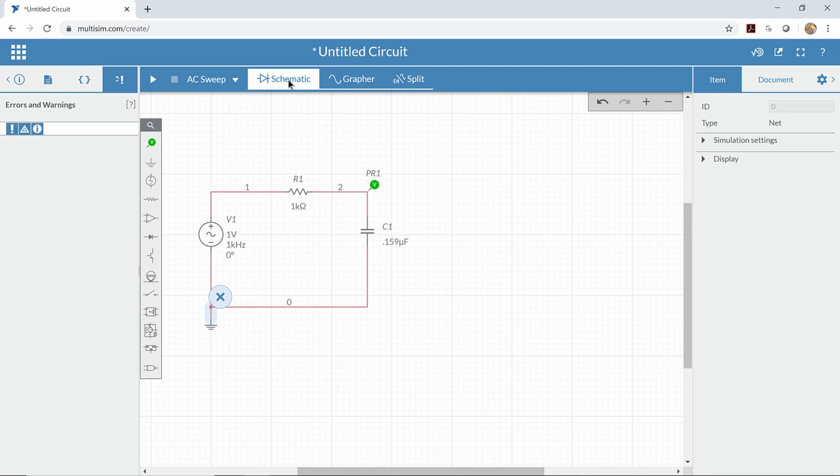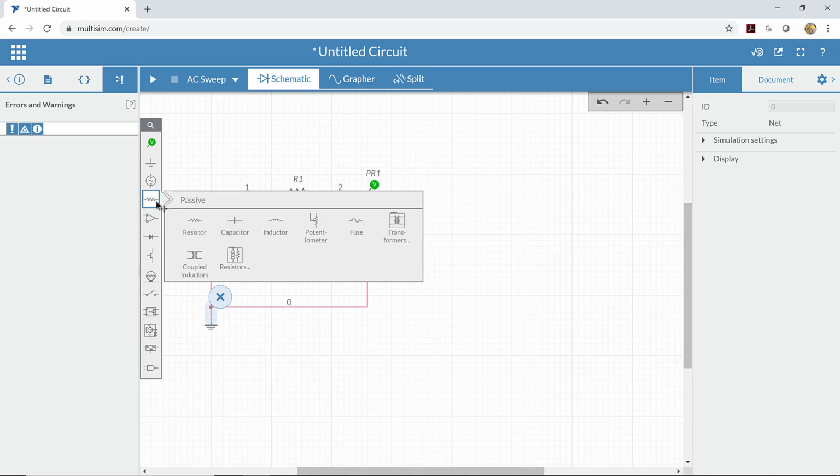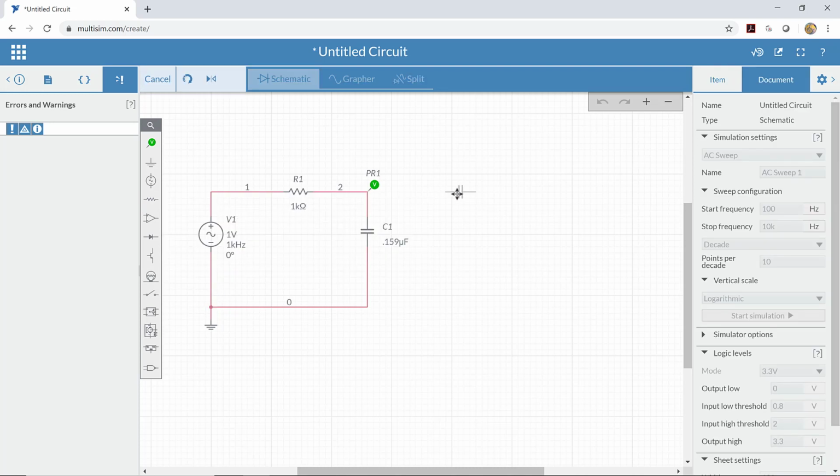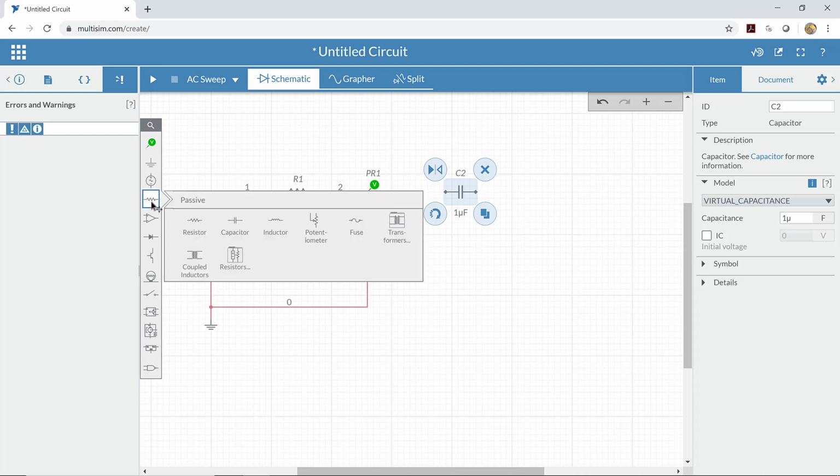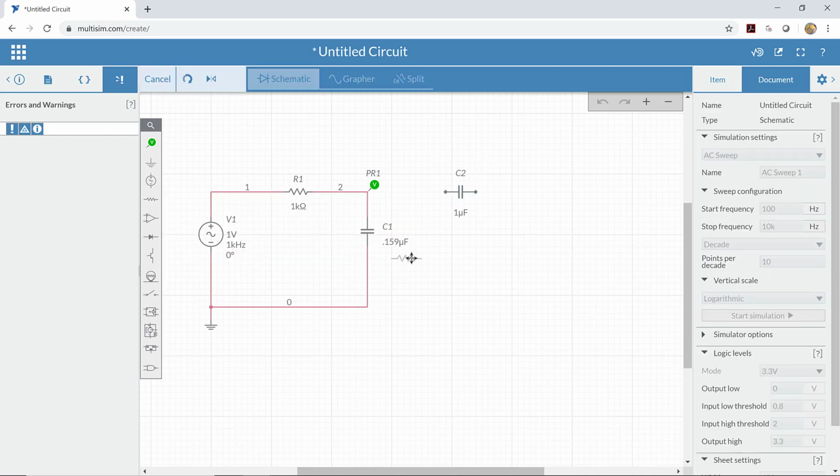Now, we said we needed to create a high-pass filter with a cutoff frequency of 100 hertz. Okay, so let's do that. The way we're going to do that is we're going to create a capacitor here. Remember, the high-pass filter has the capacitor up on the top, and then the resistor on the side.